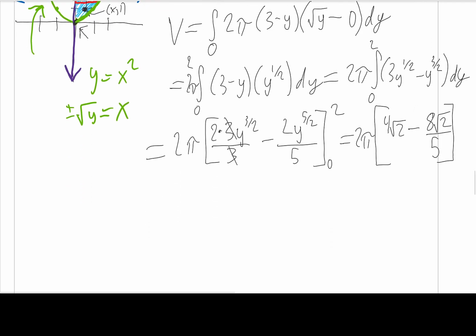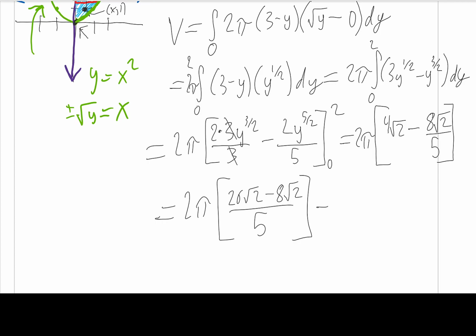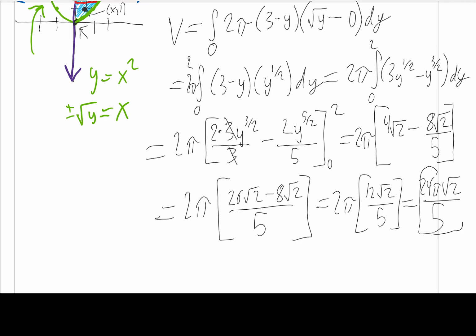And so this would be 2 pi times 20 root 2 minus 8 root 2 over 5, right? This becomes 2 pi times 12 root 2 over 5, giving us our answer of 24 pi root 2 over 5. Okay, and that would be our volume.